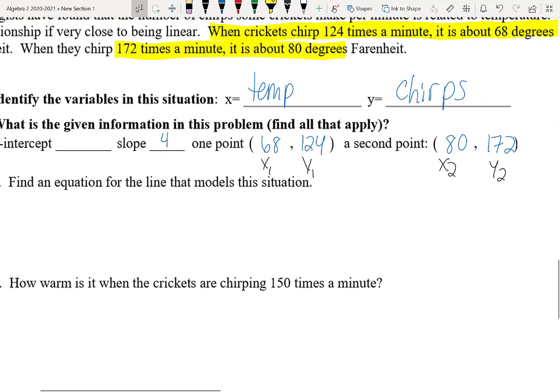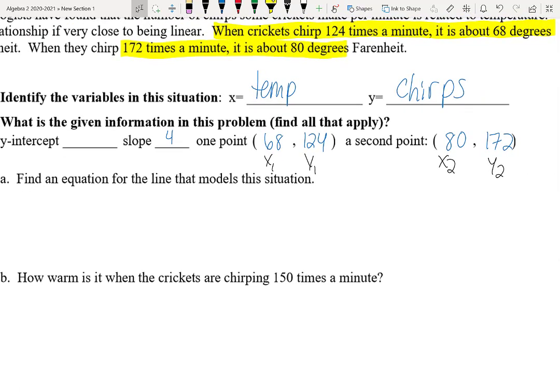You've got two different points that you can choose from. You've got your slope, so you can use slope-intercept, or you can use point-slope form for that. You could, if you want to get really fancy with it, work backwards to figure out your y-intercept for slope-intercept form. I'm just going to choose one of those two points to write my equation. And when I do that, I usually just default to whichever ordered pair is smaller.